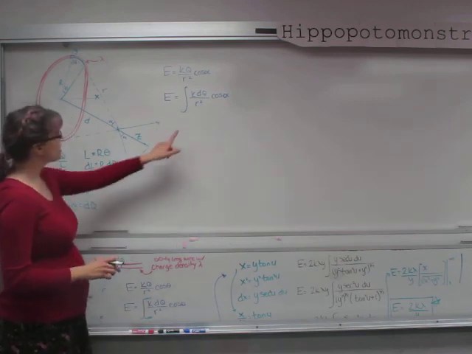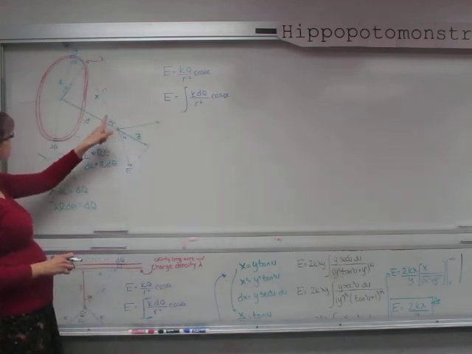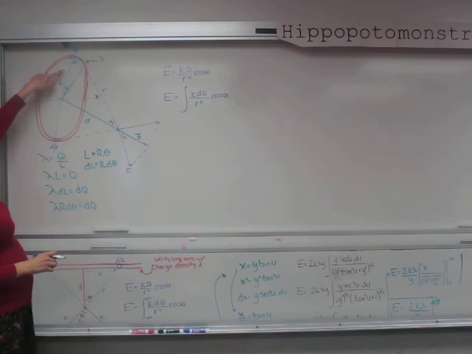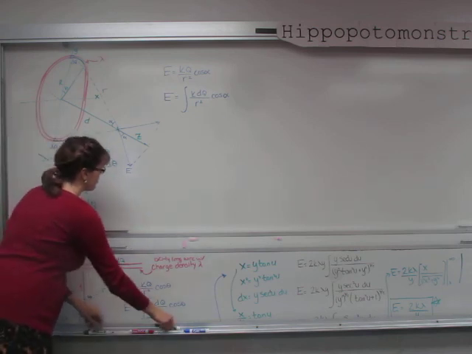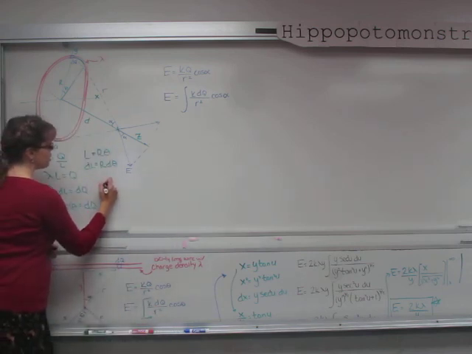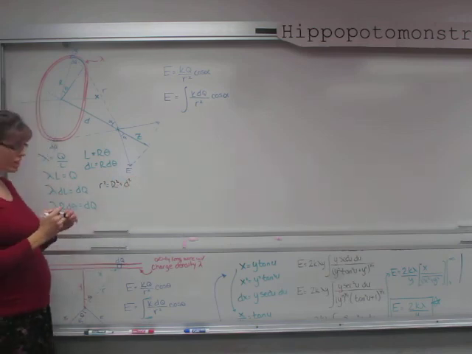Okay, so the other thing we need is little r squared. Well, we know that the radius, so if we see this triangle right here, d, the radius, and r. So little r squared is equal to the radius squared plus d squared. That works out nicely.